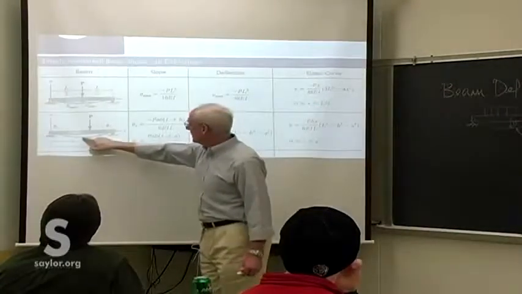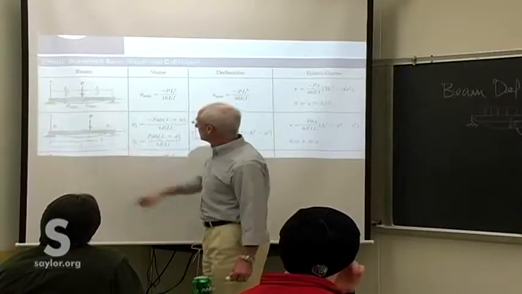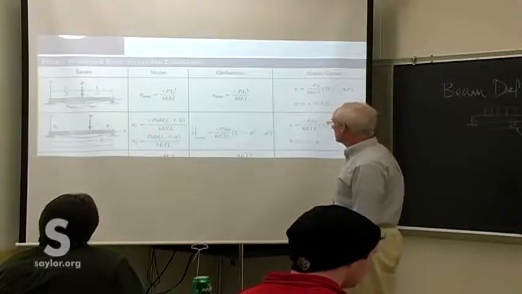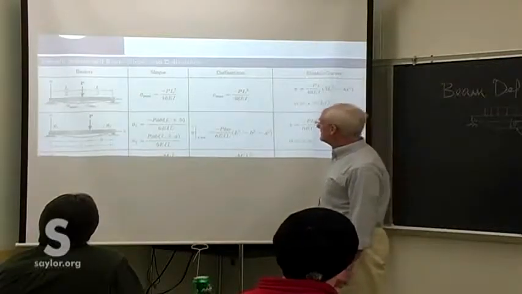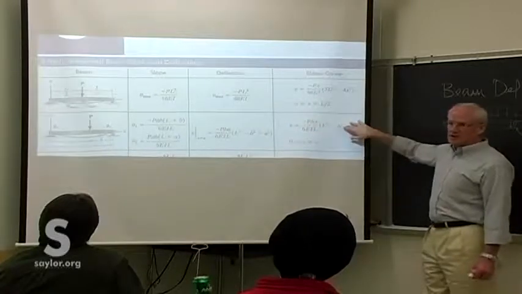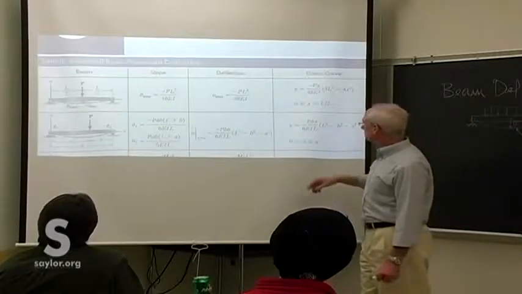You don't necessarily care what the maximum deflection is when it's more critical what the deflection is actually under that particular point load. If you did need the maximum deflection, you can take this curve here, differentiate it, and set it equal to 0 and find out where the maximum deflection is.